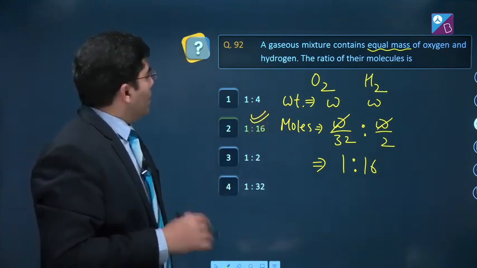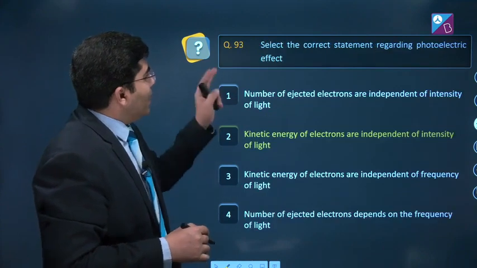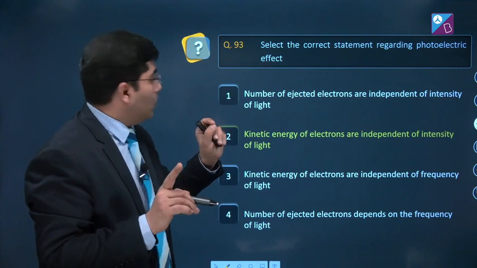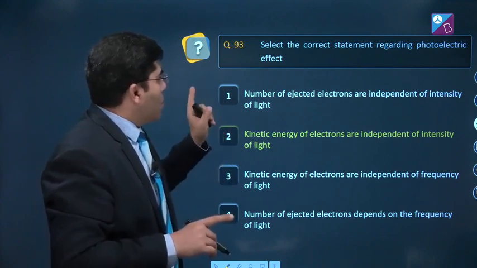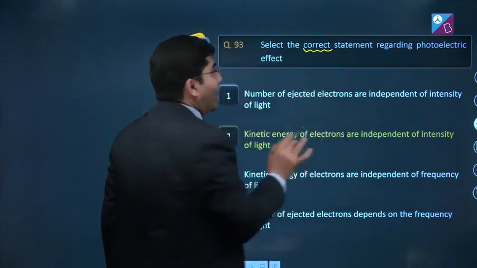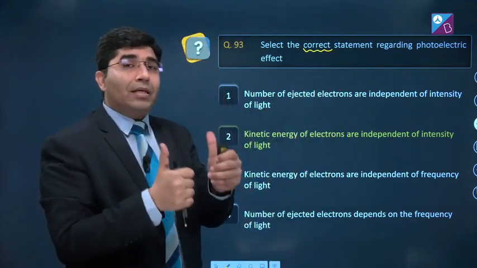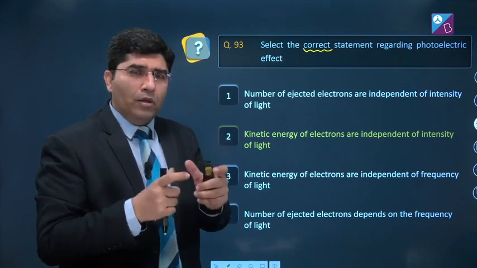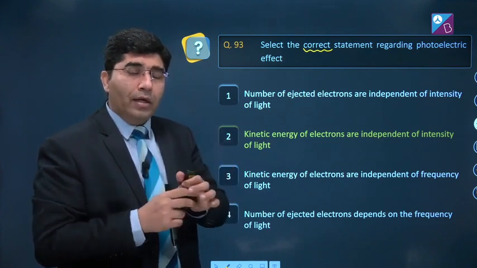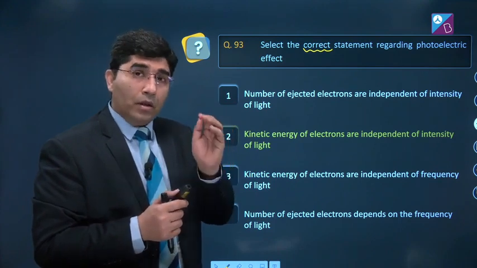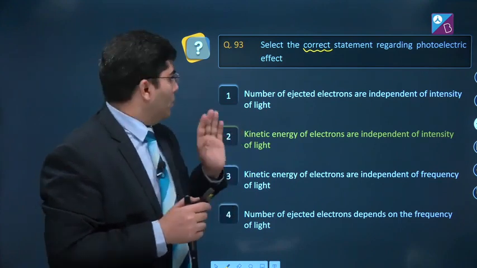Simple. Now the next one is select the correct statement regarding photoelectric effect. Now you have to be careful about this word. Again, in the previous question also, in this session only I have told you that correct and incorrect, इसमें बहुत गलतियां होती हैं, सही वाला ढूंढना है हमें.